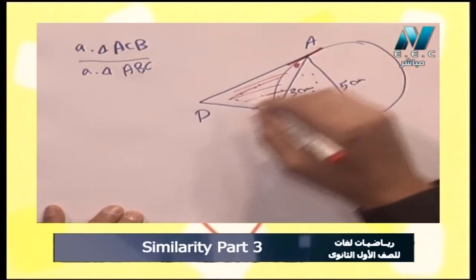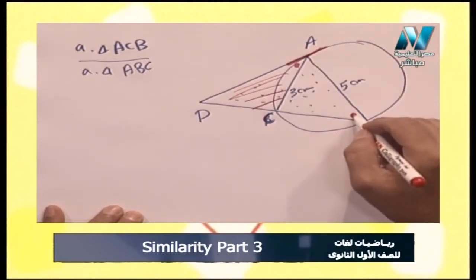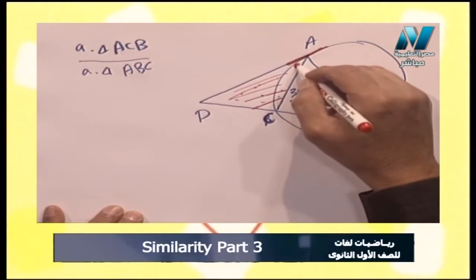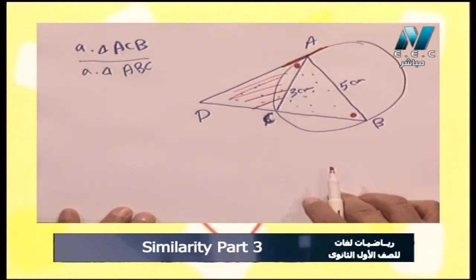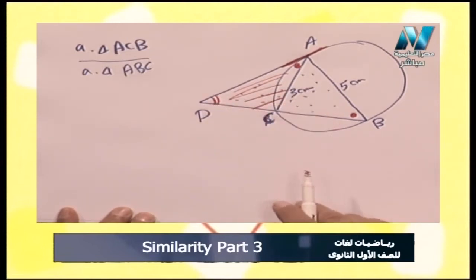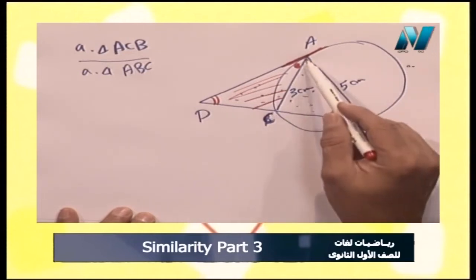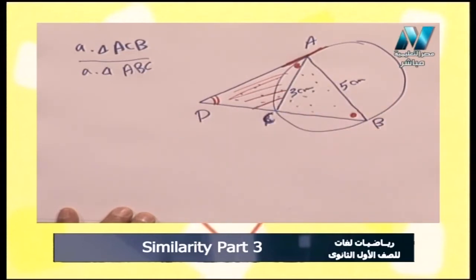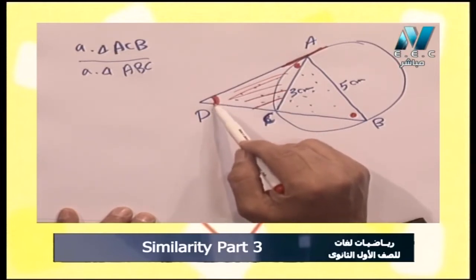Because this AD is a tangent here, so the interior angle equals the angle of tangency. And D is a very important angle for us. D is a common angle between triangle ADC and triangle ADB. So it's a common angle, equal in each of the two triangles.